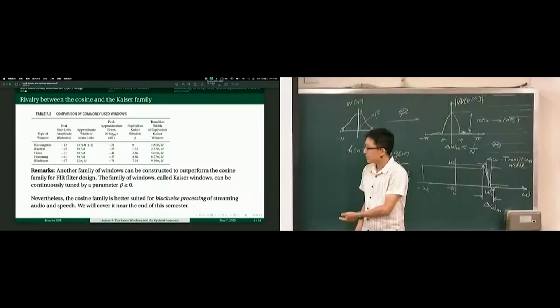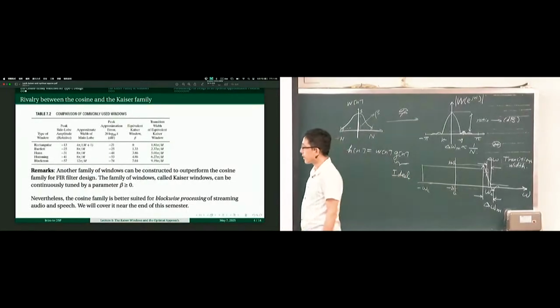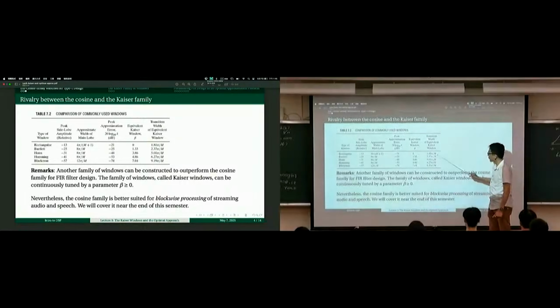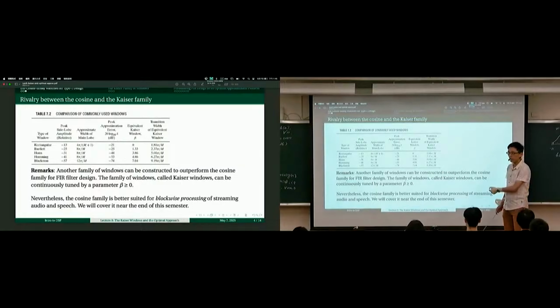In those applications, the cosine family is more commonly used. We commonly use the Hahn window, for example. We'll cover this other topic near the end of the semester. 今天不会讲这个, but just stay tuned.